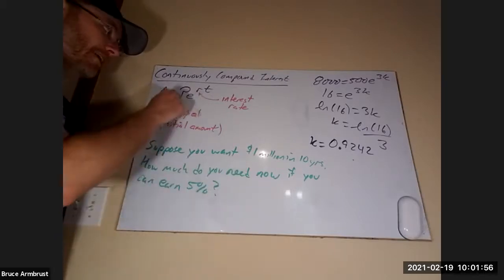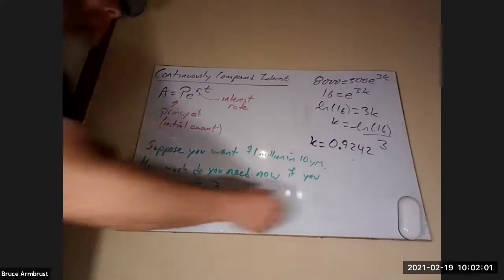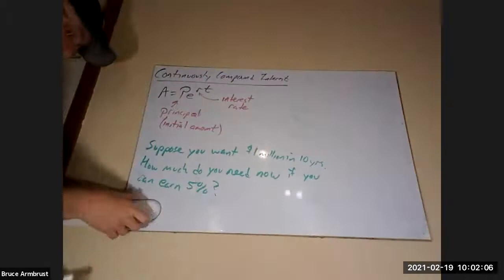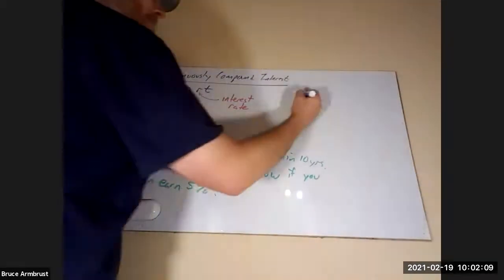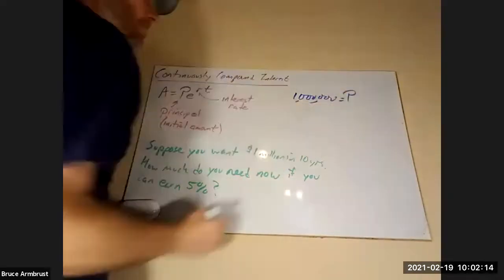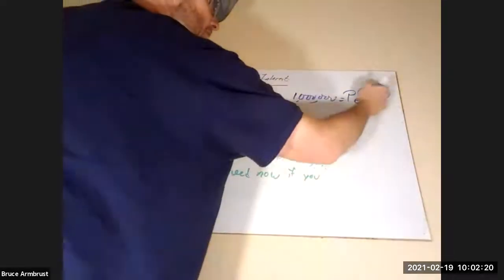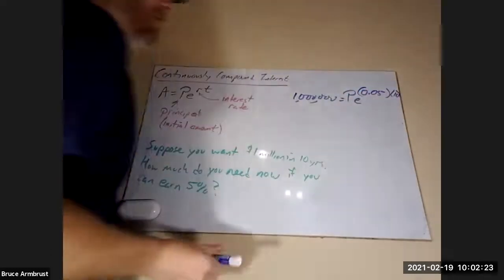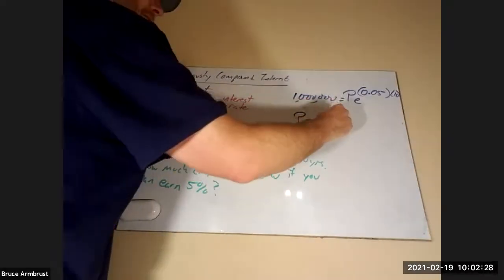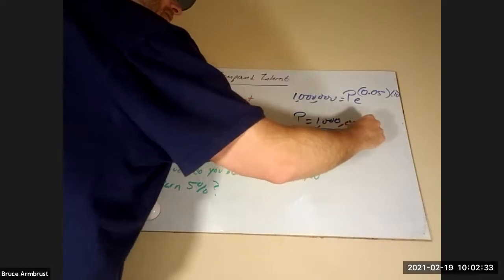And how much we need now, well, that's our P. So we actually know everything in here but P. So let's put that all in. So we want $1 million. Don't know what P is. I know my interest rate is 0.05. And I know I want that in 10 years. So P is going to be 1 million divided by e to the 0.5.